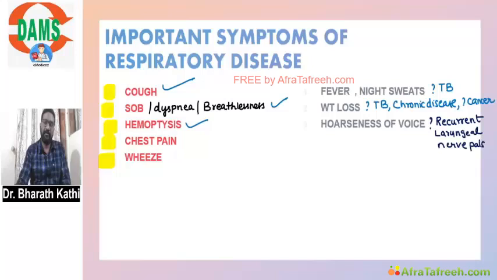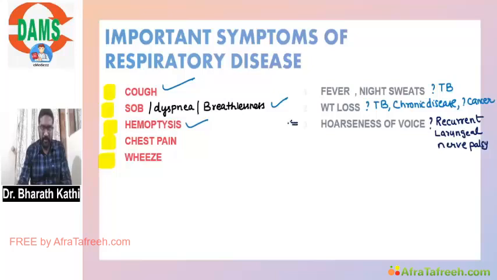So whenever there is lung malignancy, it can extend and it can involve the recurrent laryngeal nerve. And another reason for hoarseness of voice is when there is extensive tuberculosis even involving the larynx. So laryngeal TB.